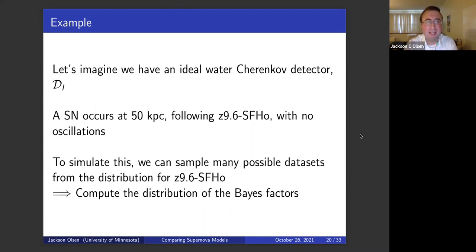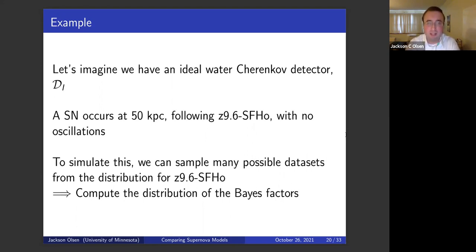And now let's say that a supernova occurs at 50 kiloparsecs, and we'll assume that this distance is measured very well. It follows the emission predictions of the 9.6 solar mass model, and we'll just assume that there are no oscillations. That's kind of unrealistic, but a simple example.